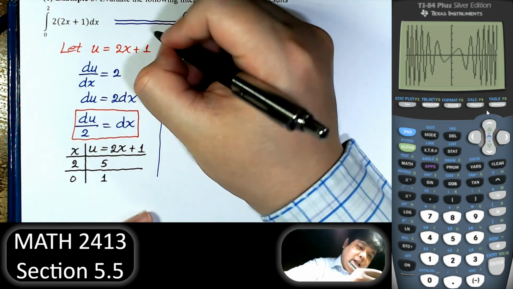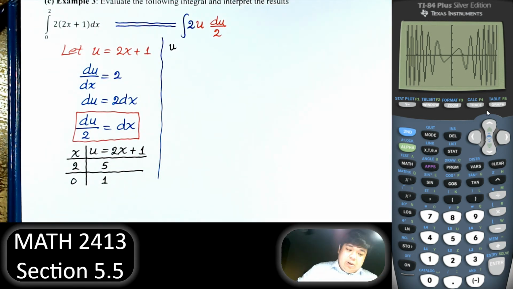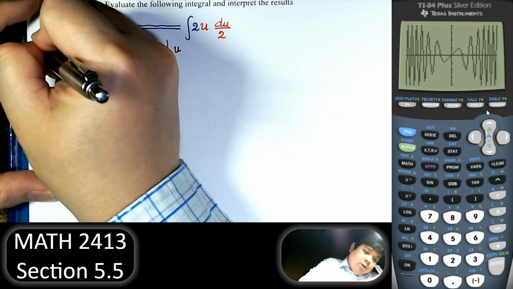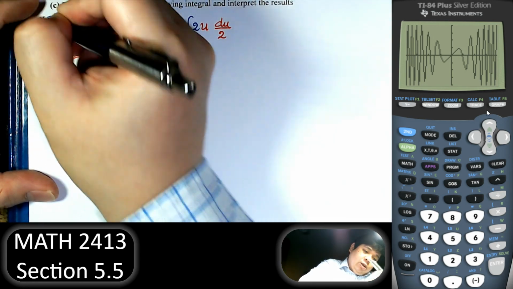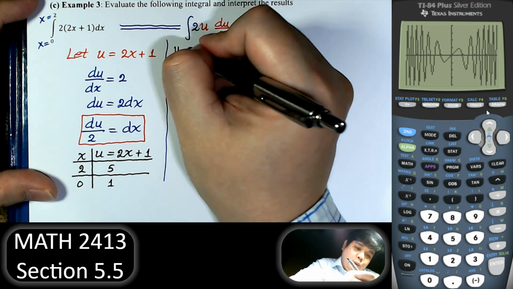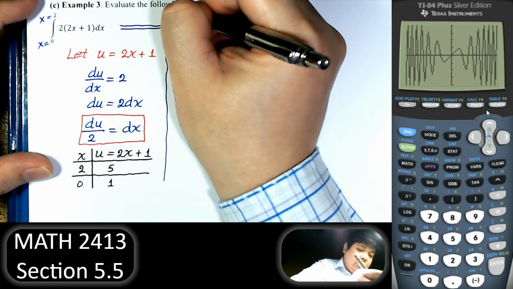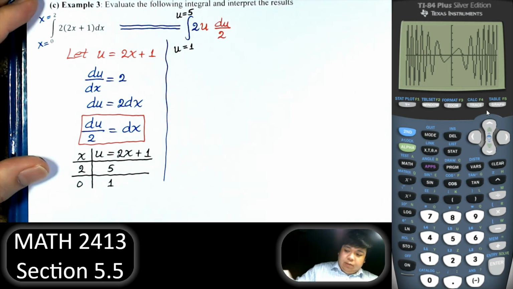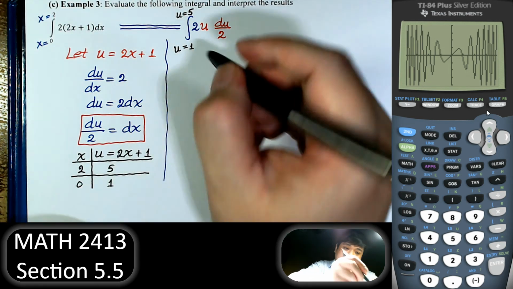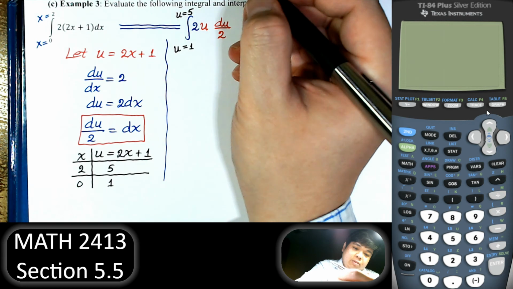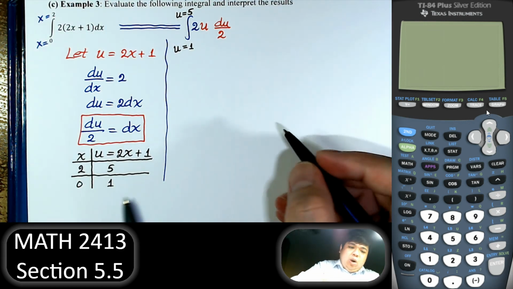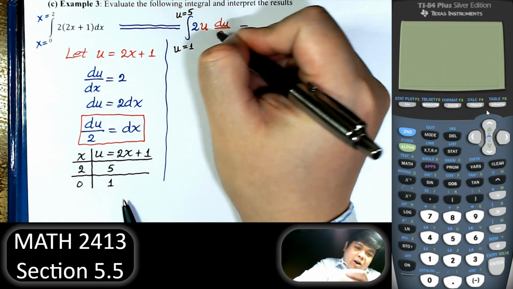Now the limits, originally from x equal to 0 to x equal to 2, now we go from u equal to 1 to u equal to 5. Now the 2 cancels out. Or if you want to do that, perfectly fine.